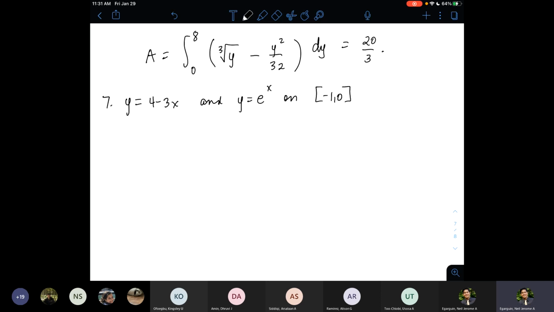So sometimes you will be given problems like this where just the two functions alone will not give you a completely enclosed region, but you will be given a restriction on the interval. That will also be fine. Now let's sketch the region then. First step, sketch the graph.